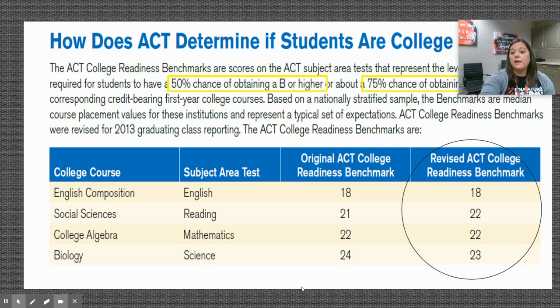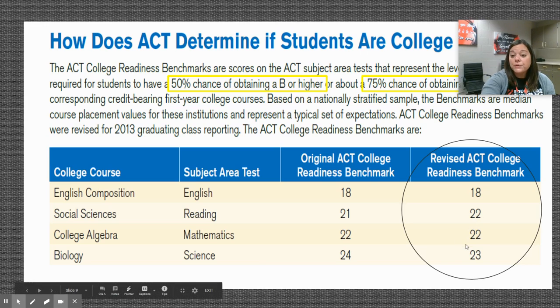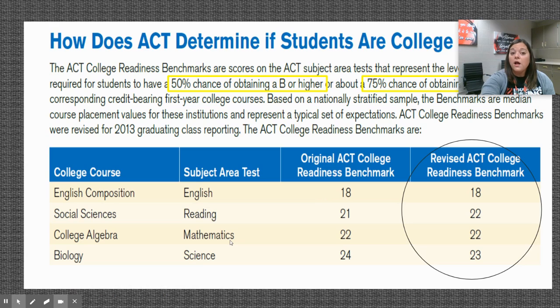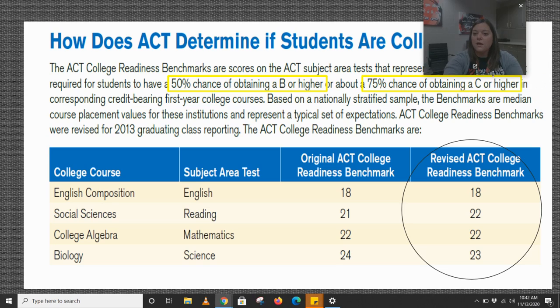If you can get a 22 in the math section, the ACT has indicated that you have a 75% chance, you can't see that, of getting a C or higher in your college algebra class. So these numbers determine whether or not you are ready for the rigor and the course load of the coursework freshmen often experience when they go to college.